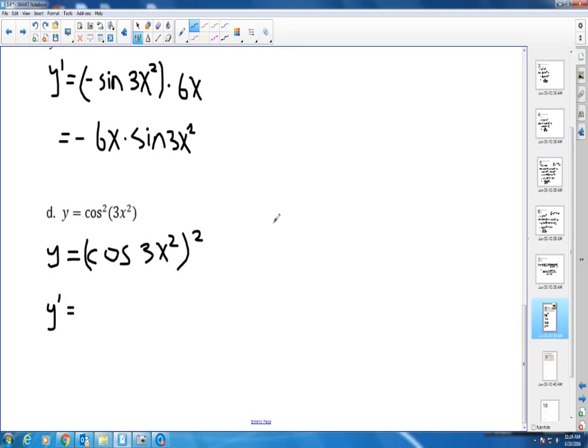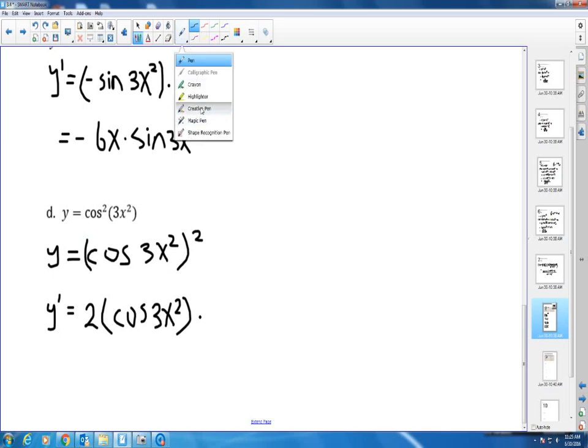My outside is actually the exponent 2. So the derivative of the outside of the inside, this exponent will be 1, times the derivative of the inside. The derivative of the inside here is actually composed of cosine and 3x squared.